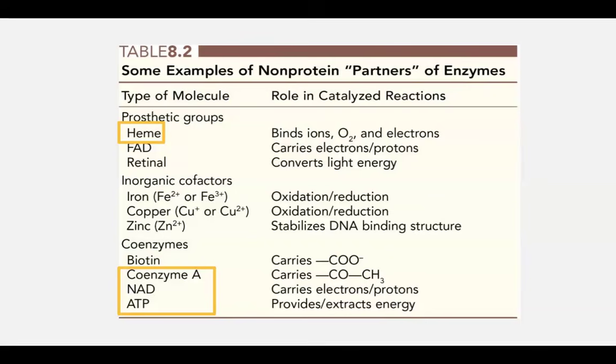Inorganic cofactors are ions such as iron, copper, and zinc that are permanently bound to the enzyme and help with oxidation, reduction, or stabilization. And then you have coenzymes, which are small carbon-containing molecules that are not permanently bound. They have their own roles and they can eventually unbind from the enzyme as well.